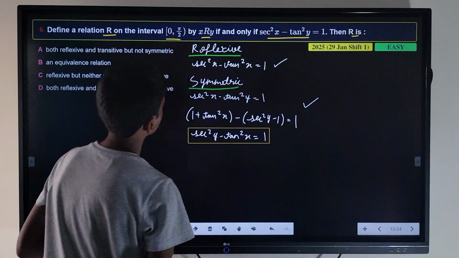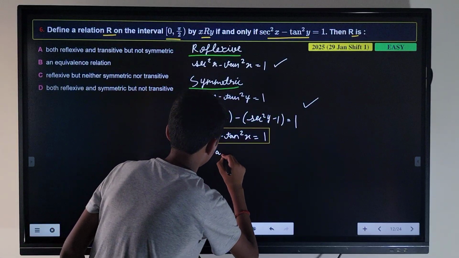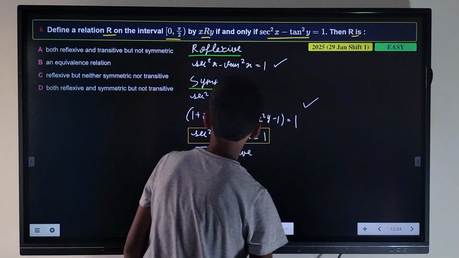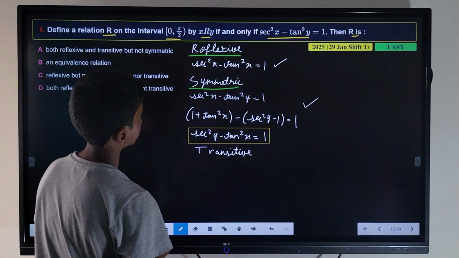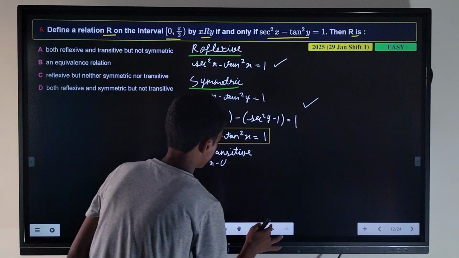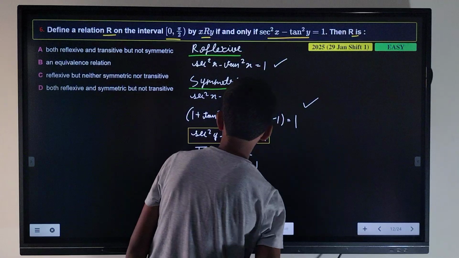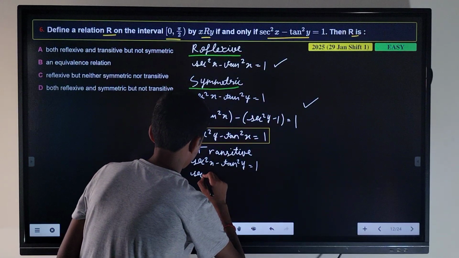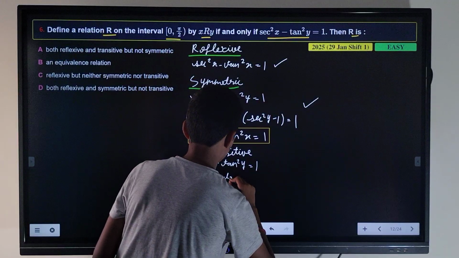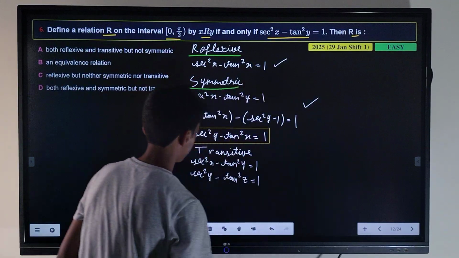Now we need to prove if our relation is transitive. So for transitive, our sec square x minus tan square y is equal to 1, sec square y minus tan square z is equal to 1.